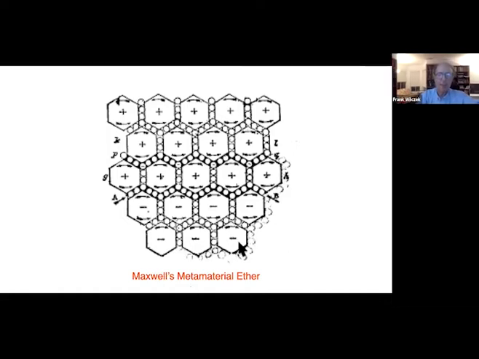But the lesson here is that electric and magnetic fields can be modeled in terms of other things that obey simple rules for how they move.